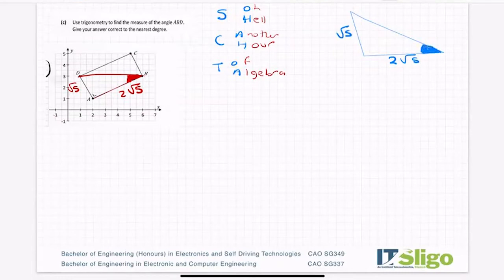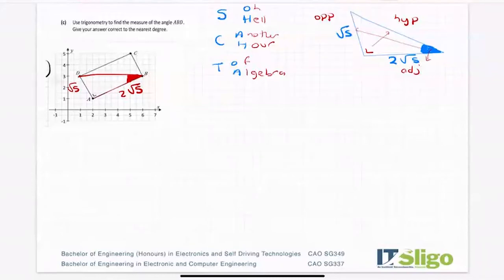Okay, so let's label. So my right angle is here, which means the side opposite your right angle is always your hypotenuse. The side opposite your angle in your question is always opposite, and the one beside, or the last one left, is called adjacent. Adjacent is another word for beside. Okay, so that's my sides labelled.